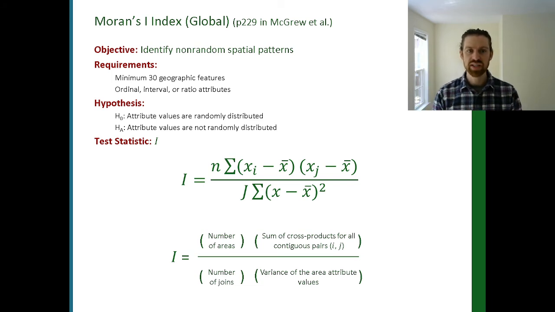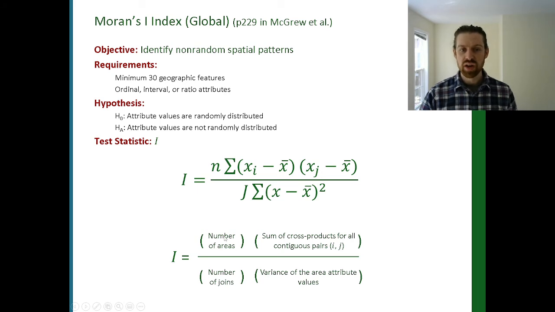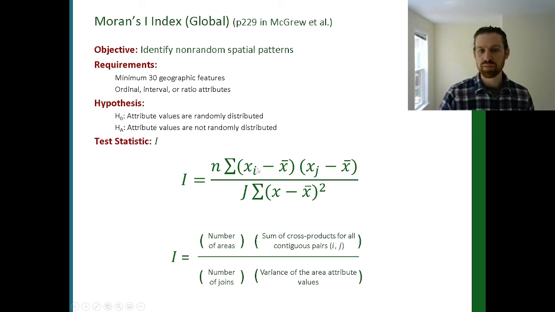So we have a test statistic I, and that's what we want to obtain. Rather than show you just the math and talk you through it, I've broken it down here. We take the number of areas, n, and then we get the sum of the cross products for all of the contiguous pairs i and j. You'll remember this looks quite similar to what we've done before.